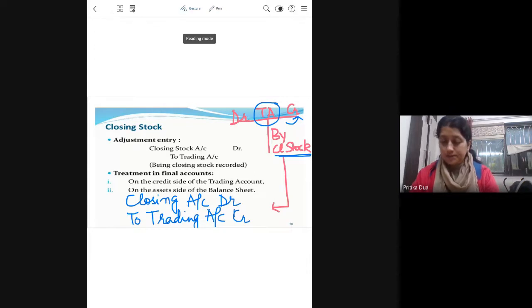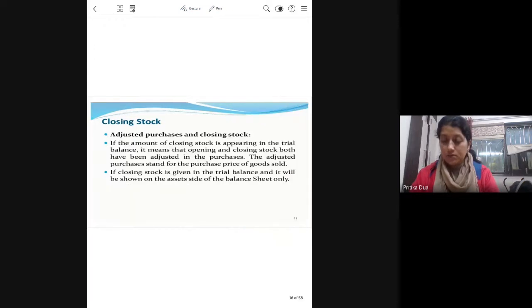Moving ahead, we come to some additional points here. If the amount of closing stock is appearing in the trial balance, and very rarely in any question will you find that closing stock is not given in the additional information, it is directly given in the trial balance.